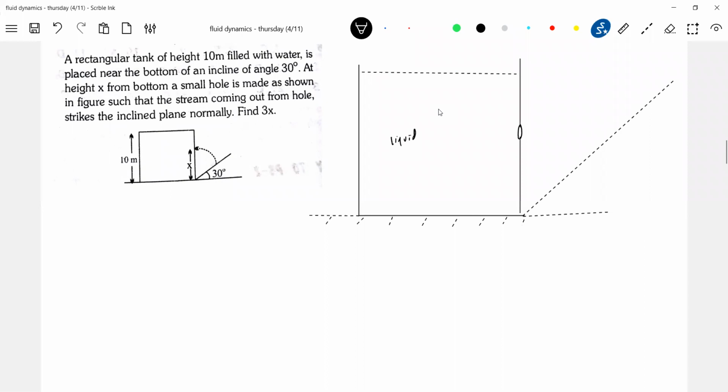This is the setup. So now the liquid will emerge out and should strike normally. This is a jet. Here the liquid will emerge out with a speed v1.